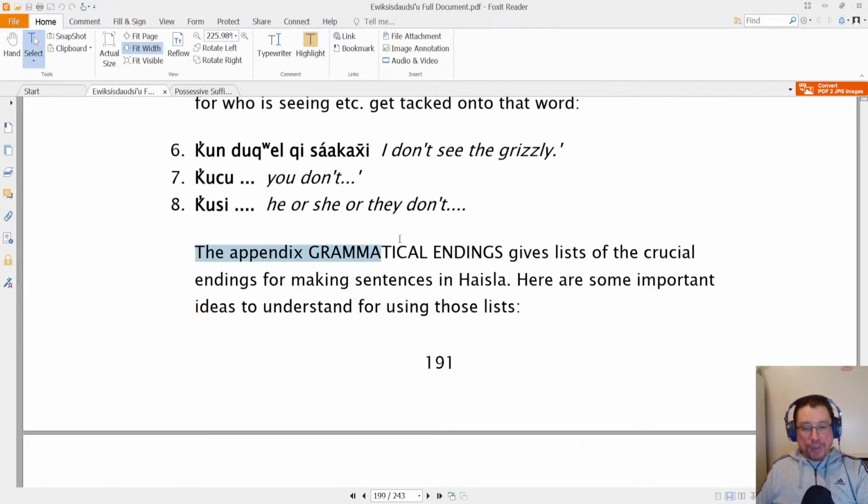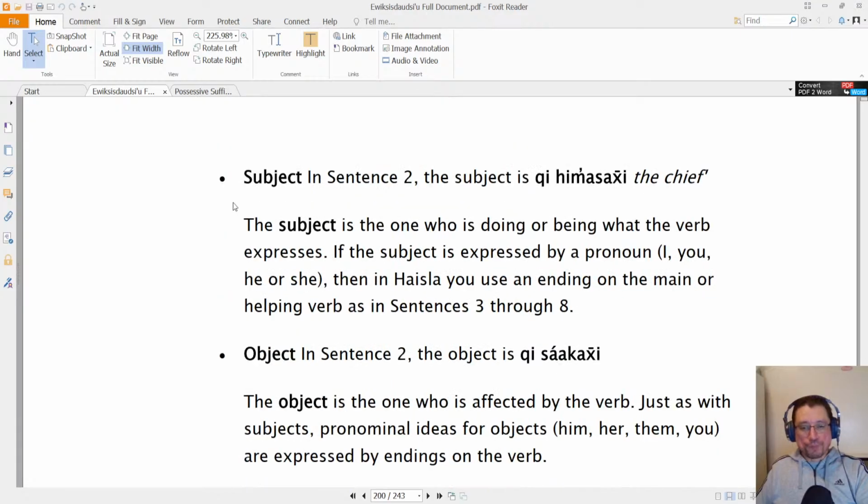And then the appendix, grammatical endings, gives lists of the crucial endings for making sentences in isla. So here are some important ideas for understanding those lists. The subject in sentence 2 is ke he masahe, which means the chief away. The subject is the one who is doing or being what the verb expresses.